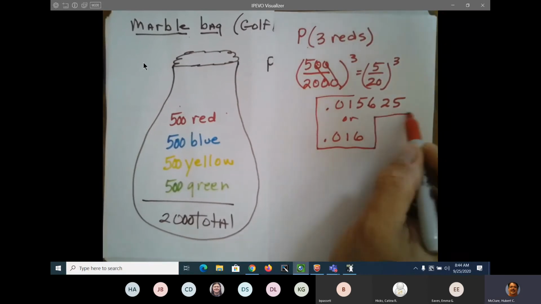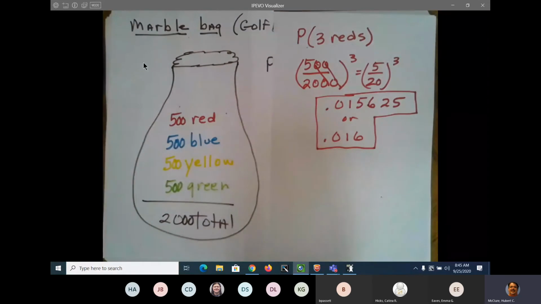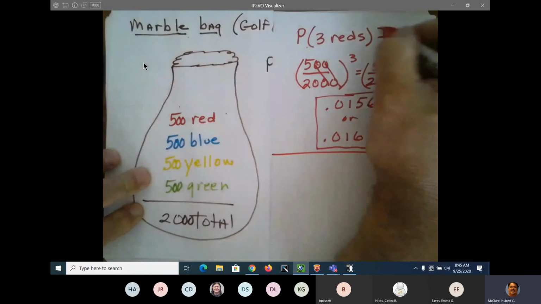Okay, that doesn't change. But watch what happens when I do the other method. This is independent.